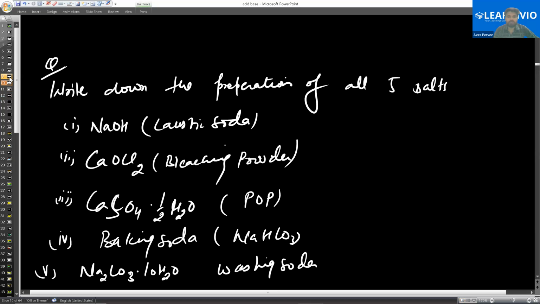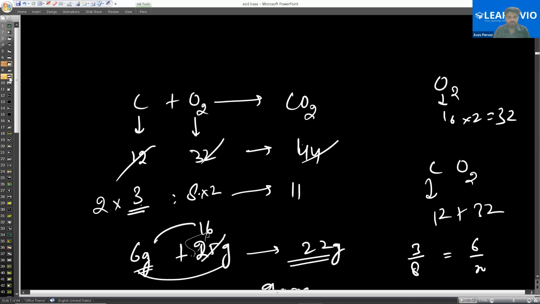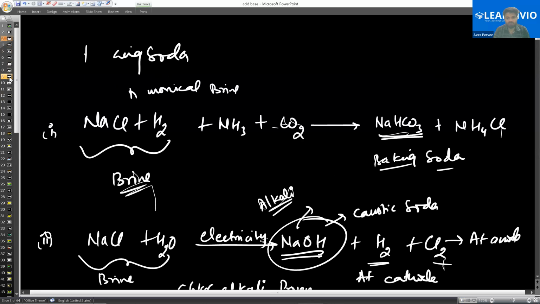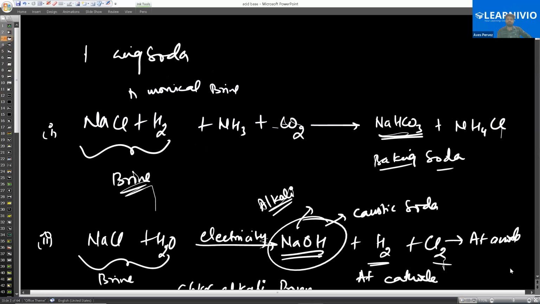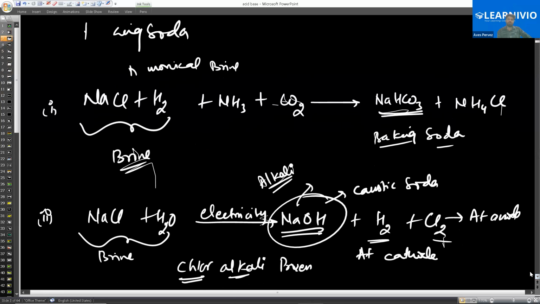Those who have not done it, please check whether you have prepared all these preparations. Here is the preparation for those who have not done it. Please do it. The preparation here is from ammoniacal brine, and you pass it. Okay.